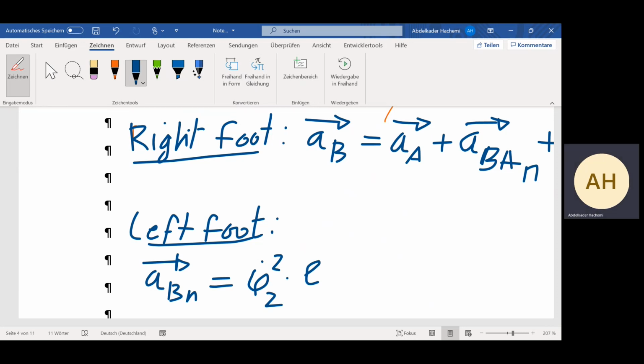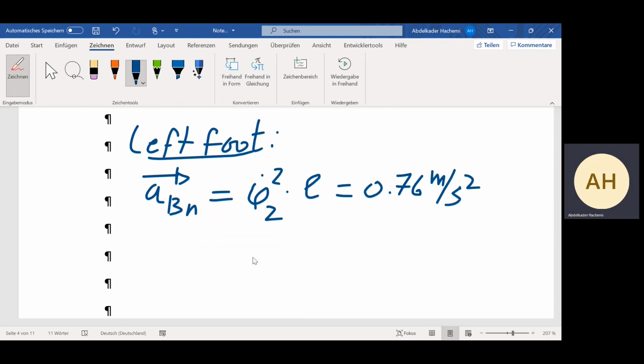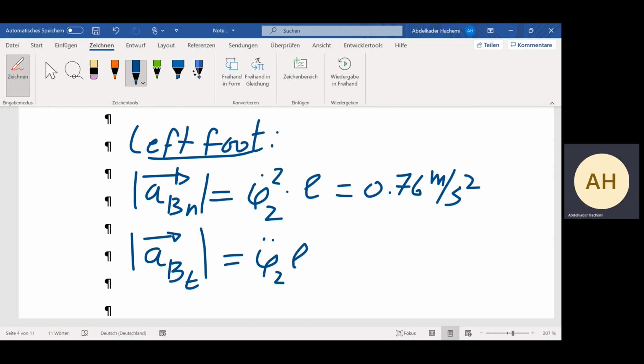And we know already the value of phi dot, yeah? Then it means here we can get 0.76 meter per second square. Now if we come to EBT, this is magnitude, sorry, this will be equal to phi dot dot 2 L.